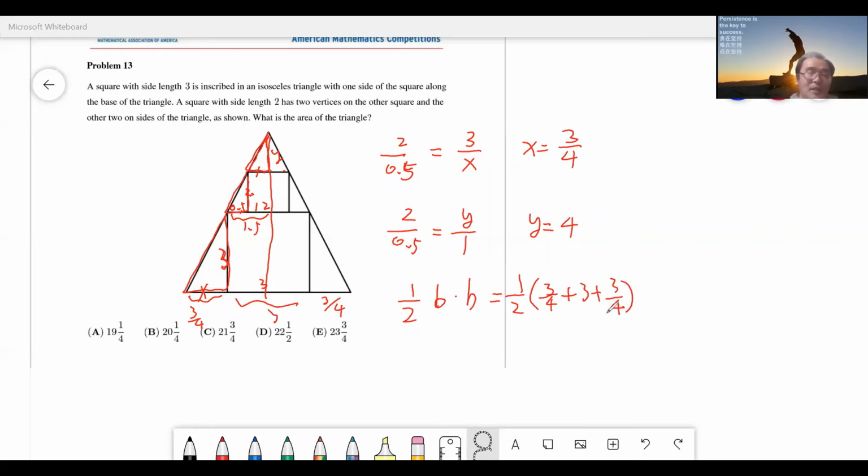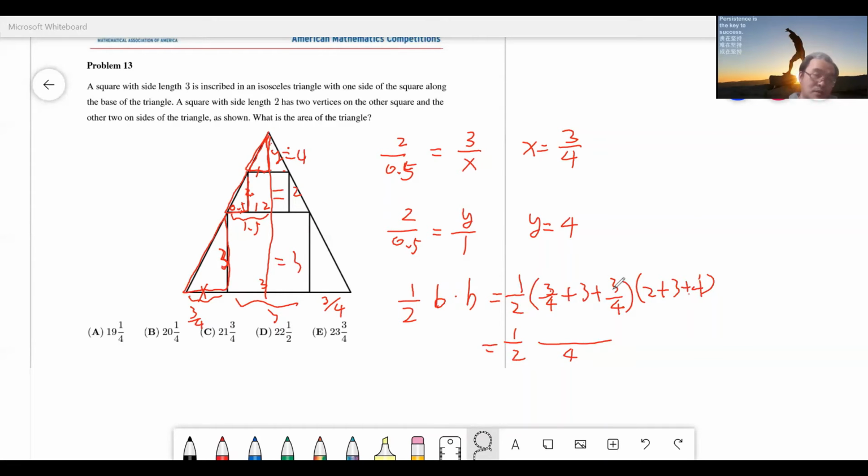Times height. Height is going to be from here all the way to here. We have 4 here, we have 2 here, we have 3 here. So that's actually 2 plus 3 plus 4. So half of 3/4 plus 3 plus 3/4 times 9.